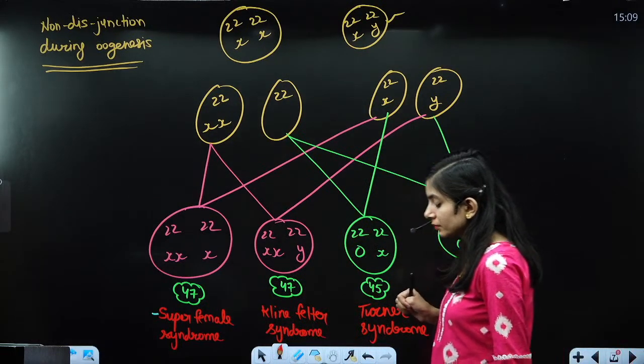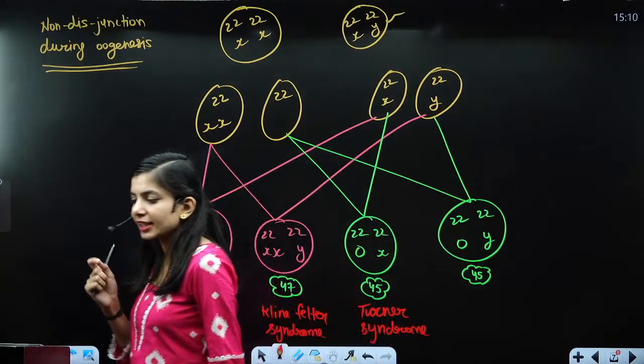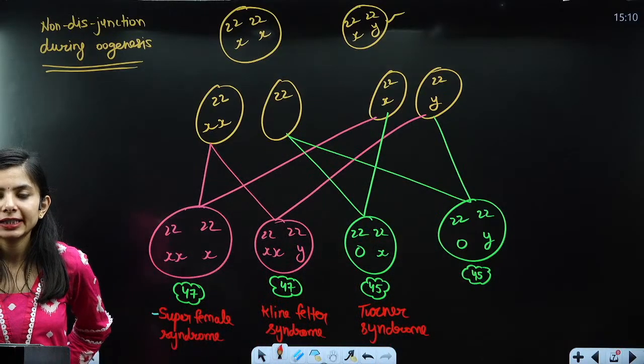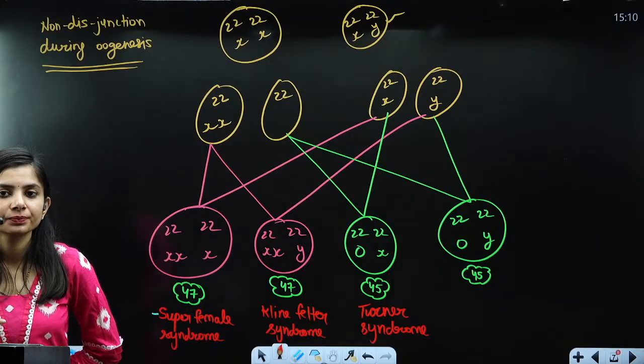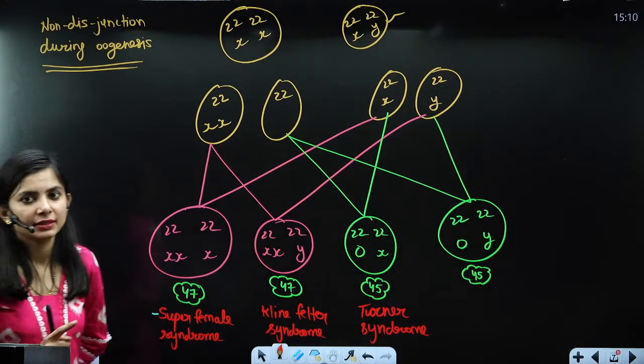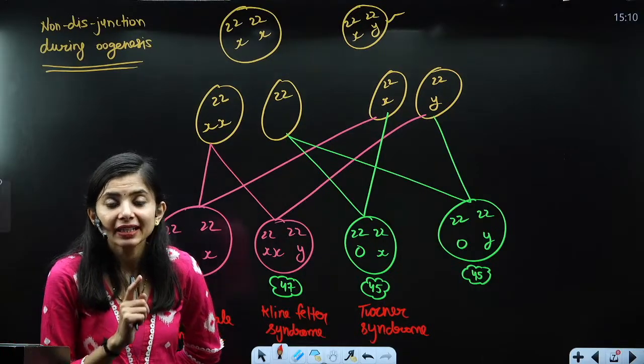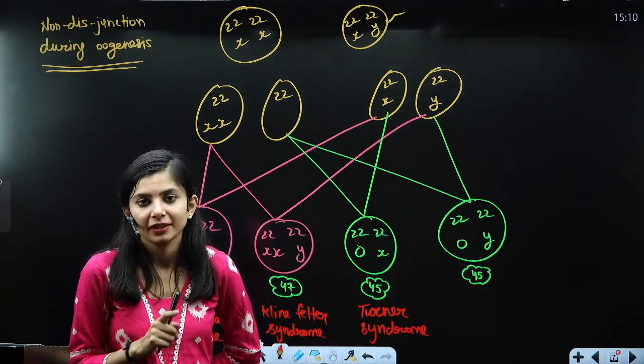Now XX is the default type of chromosome. One X is required at least for the birth of a human being.